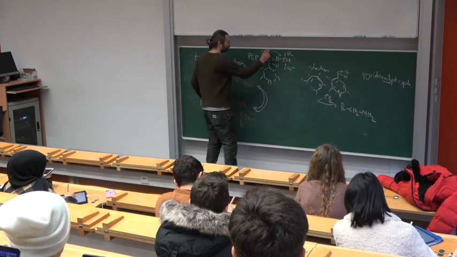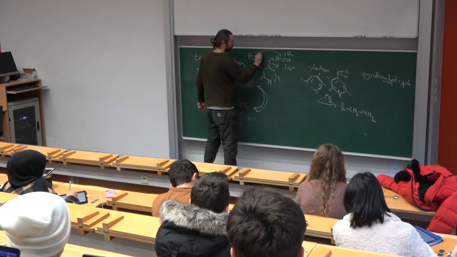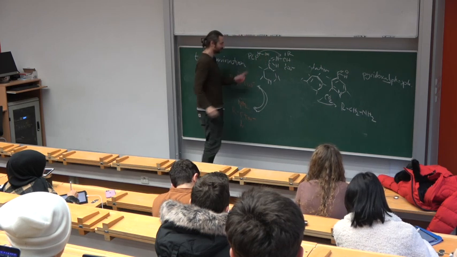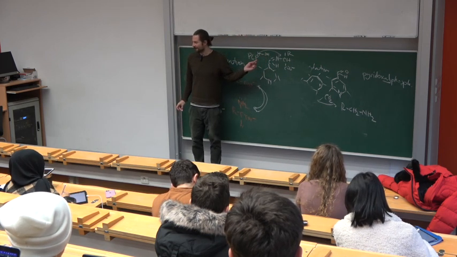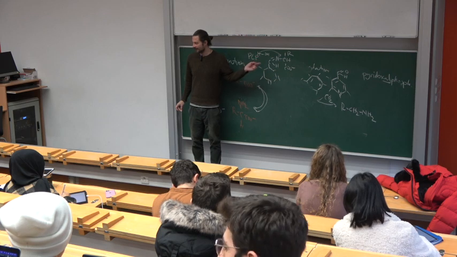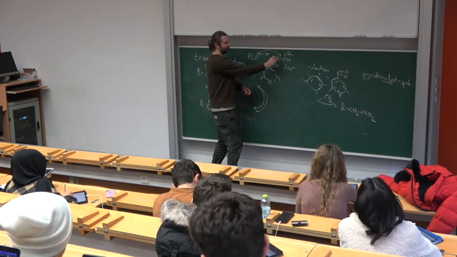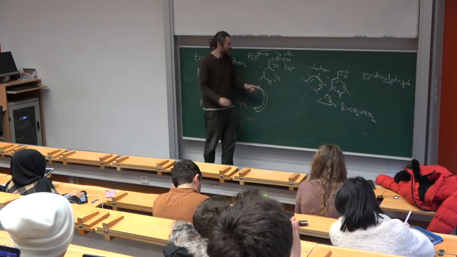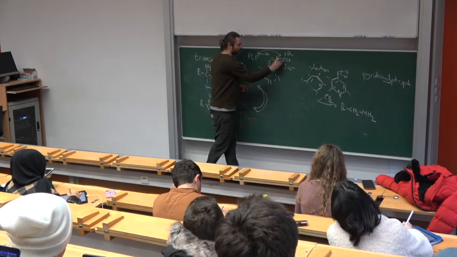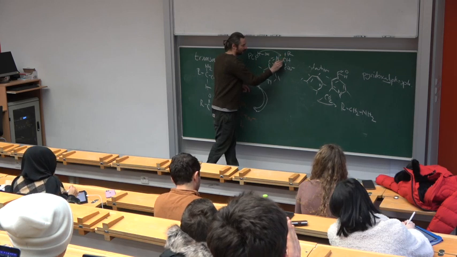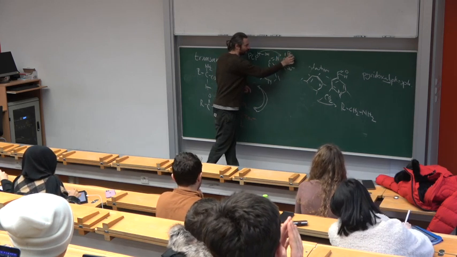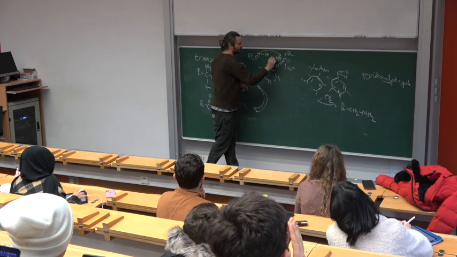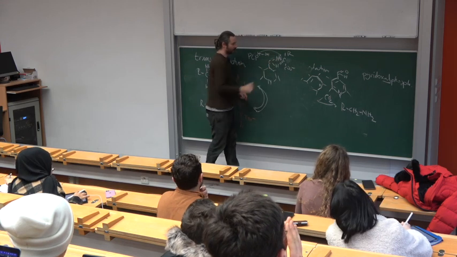So we have water that comes in. Yeah? And it's not really addition, but it kind of moves to this bond, and the OH forms an oxo group here, and the hydrogens basically form an amine here.